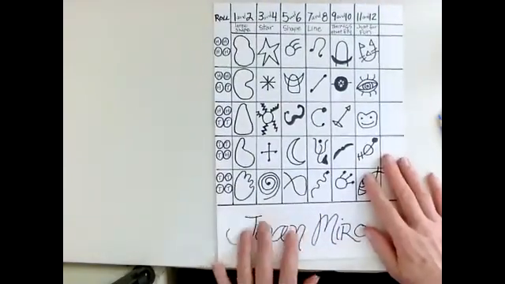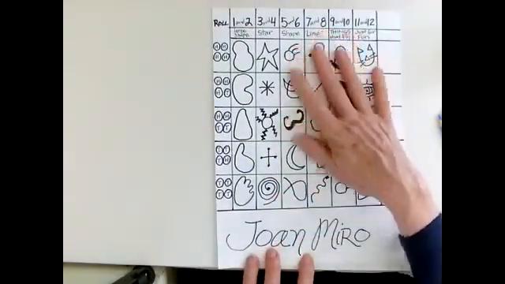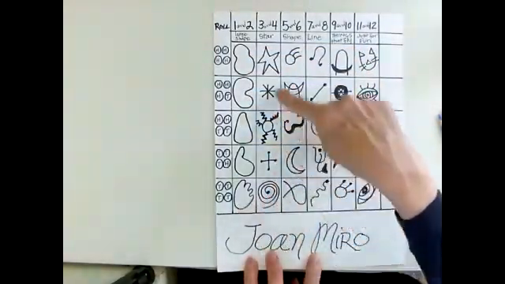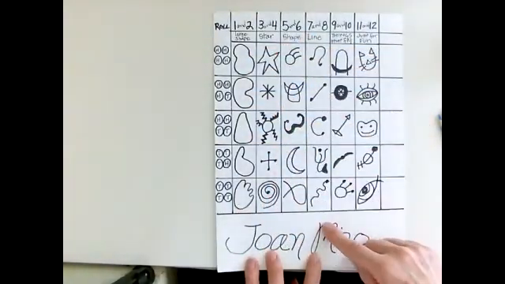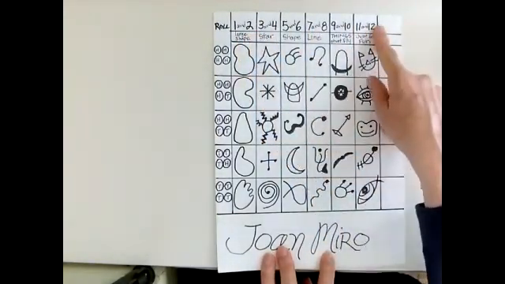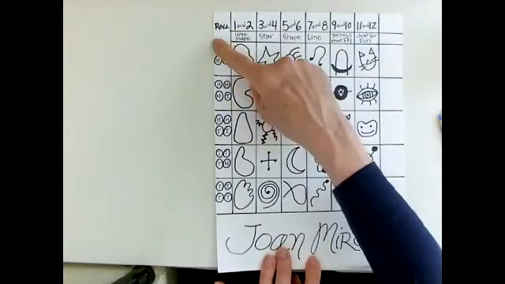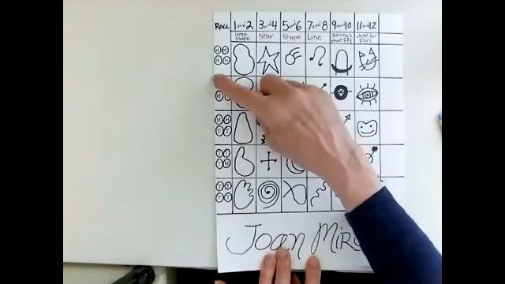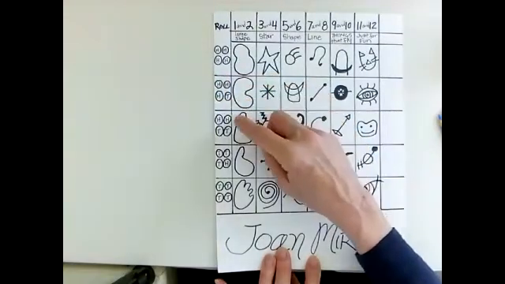So as you see here, I have this sheet, and on it are some of the shapes that are used in Miro's paintings. And you'll see that there are numbers up here at the top. And then over here it says HHHH, that means 4 heads. HHHT, 3 heads and a tail.